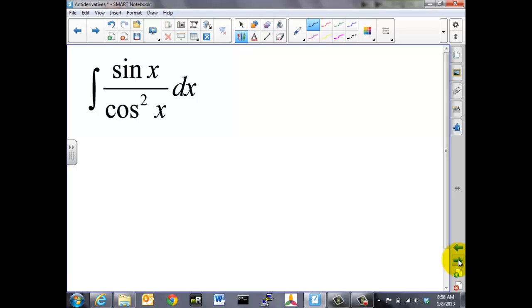Separate the x. Cosine squared is secant squared. Like that. But you're good thinking there. Sine squared plus cosine squared equals 1. But if you look back, let's look back for a second.